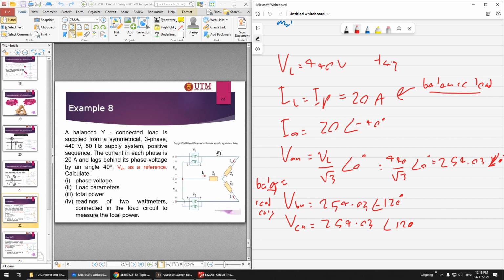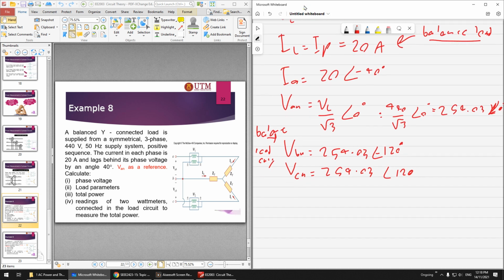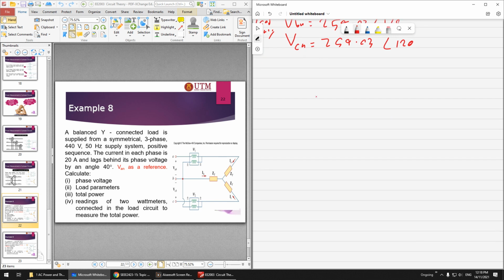Okay, this is the phase voltage. How about the load parameter? So ZA equals ZB equals ZC because of the current, remember. We just choose one.